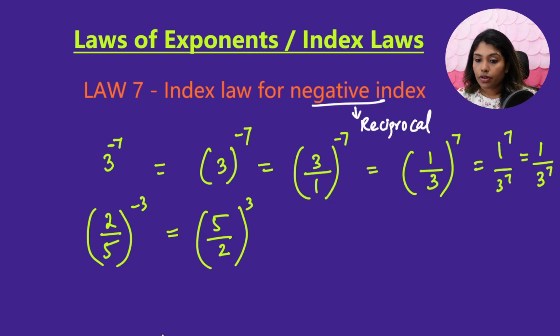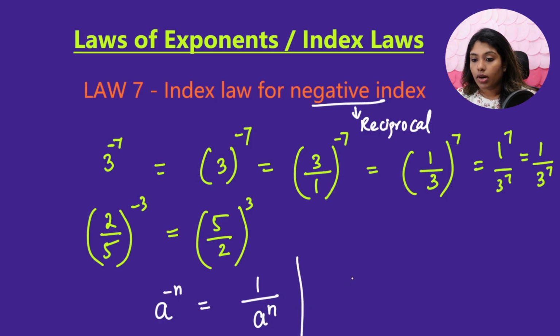And the generalized way of writing that would be, if you have a to the power of negative n, we can write that as 1 over a to the power of n. Or we can write 1 over a to the power of negative n as a to the power of positive n. These two work the same.